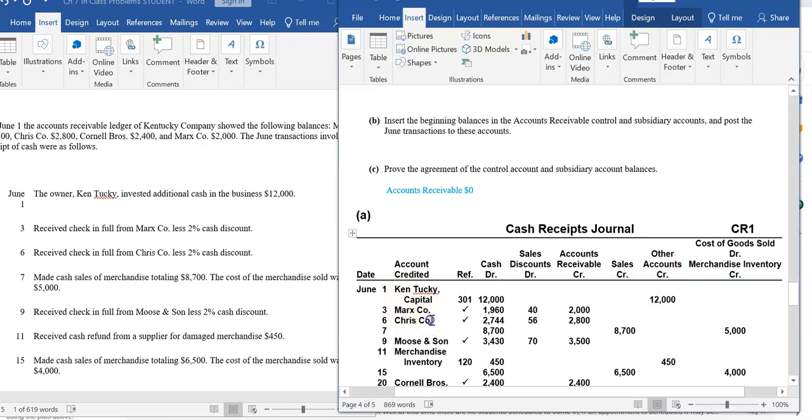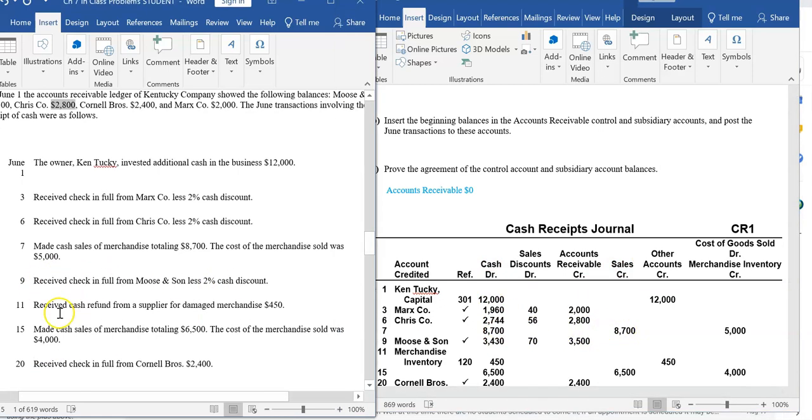In these two transactions, we had to identify which customer had paid us so that we know which customer's subsidiary account to update. Here in the transaction on the 7th, we did not have to record a specific account because we were able to use one of the specific columns to record this transaction.